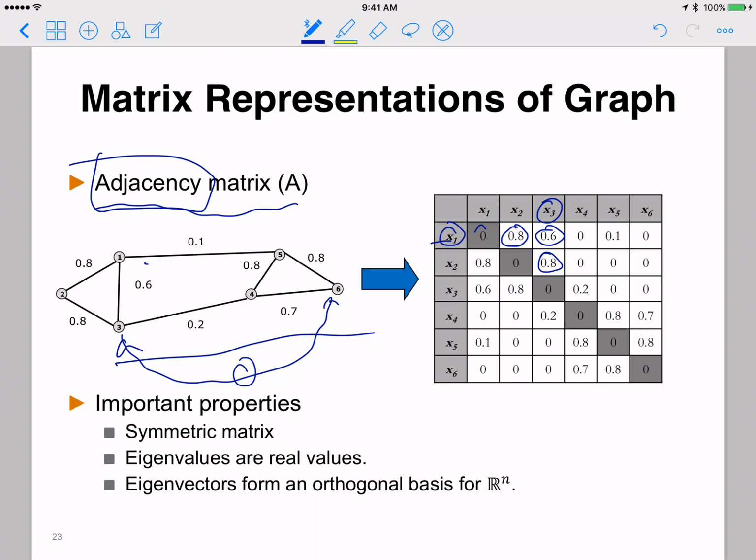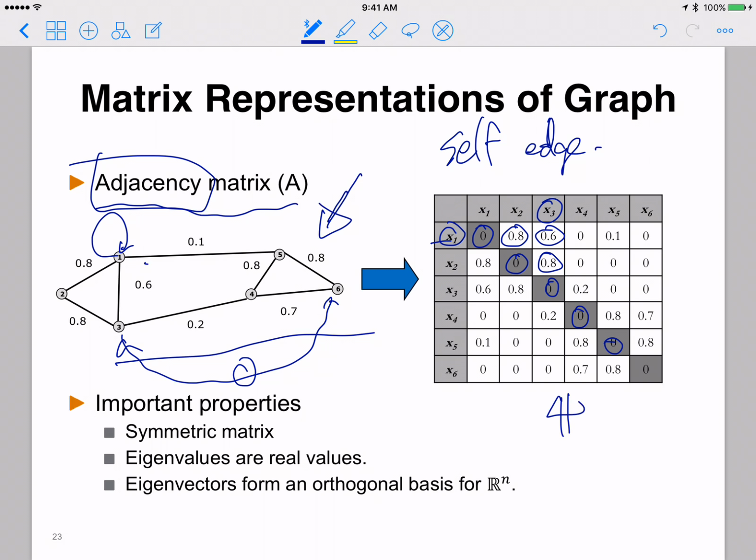But what about the diagonal elements? These are called self edges. This is just a term in graph theory. A self edge is an edge pointing to itself. But in most graphs, we set them to 0, assuming there are no self edges.